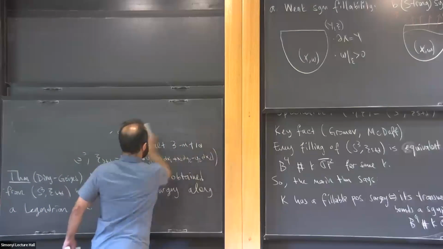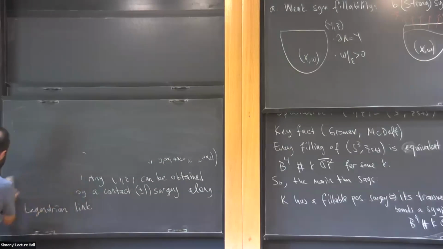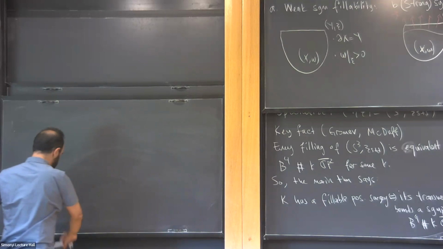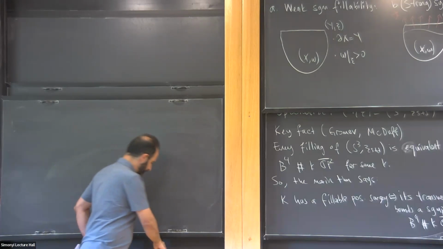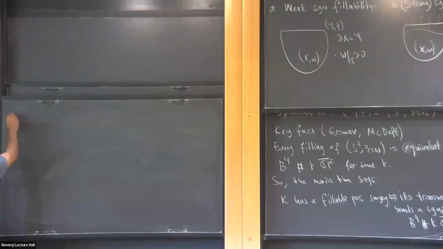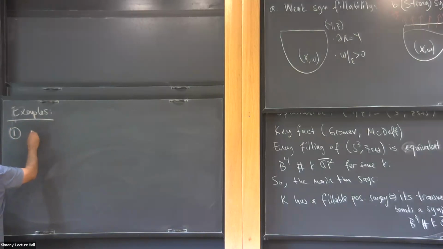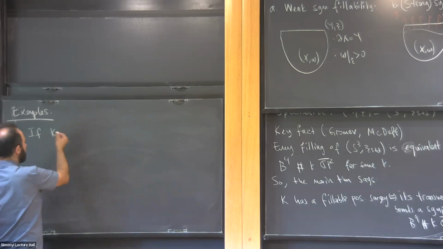Here are some examples. So what are some knots for which we can certify that we have positive fillable surgeries? So the first example: example number one, L spaces. Now suddenly you realize that here I will take K to be a topological knot, but hopefully from the context it will be clear what's going on.